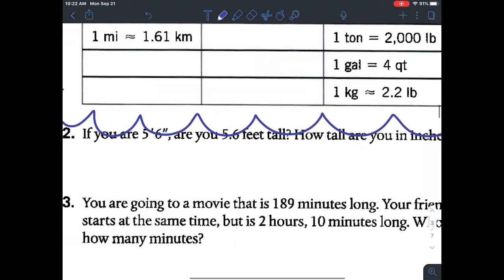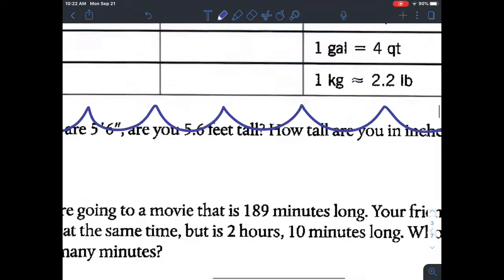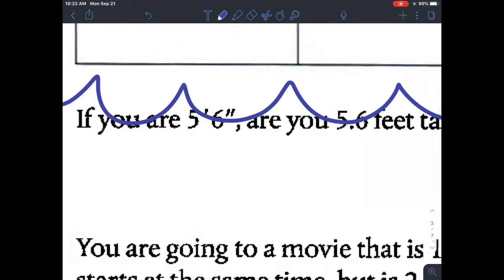So question number 2, if you are 5'6", are you 5.6 feet tall? And then they kind of give you a hint, how tall are you in inches? So we're going to convert both of these into inches so we can see if they are in fact the same. Let me change colors because it's kind of blending in here.